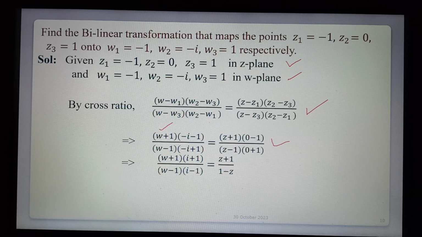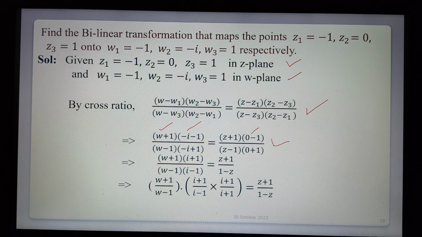In the numerator and denominator the minus is common, so it cancels on both sides, and the right side becomes (z + 1)/(1 - z). The minus in the denominator also cancels on both sides.